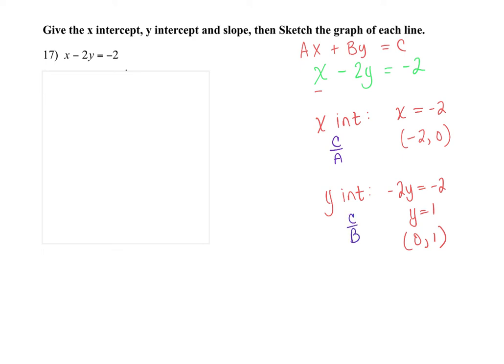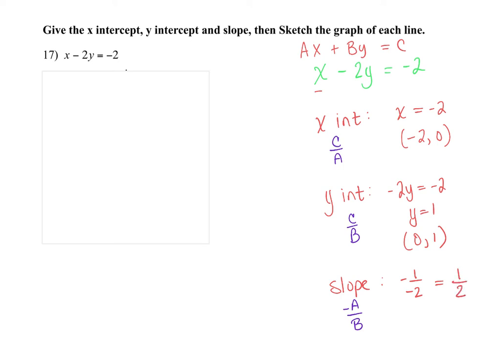That's how it's always going to work out. And my slope is always going to be -a over b. Because if I move that over and put it in slope-intercept form, it's going to negate the a and divide by the b, right? And so in this case, my slope is going to be -1 over -2, which is just 1/2. That is my slope.